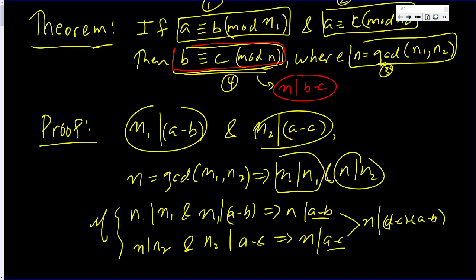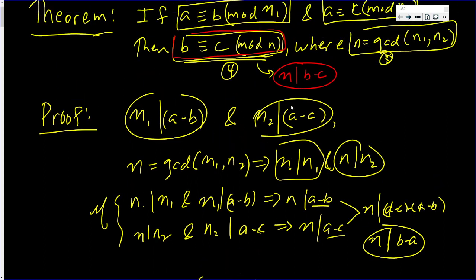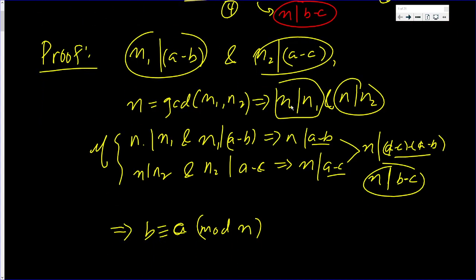And most definitely the A's cancel out, and what's left over is B minus A. But this implies that B is congruent to A mod N. Now let's see what we wanted to show. Sorry. This difference turns out to be B minus C. So B is congruent to C mod N.